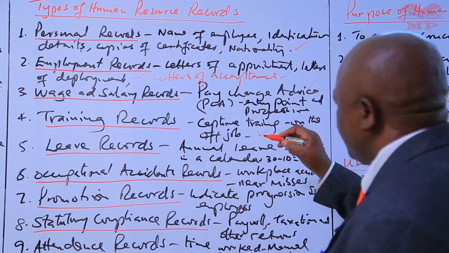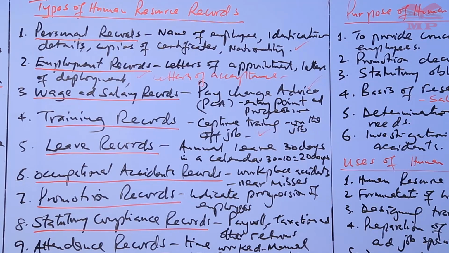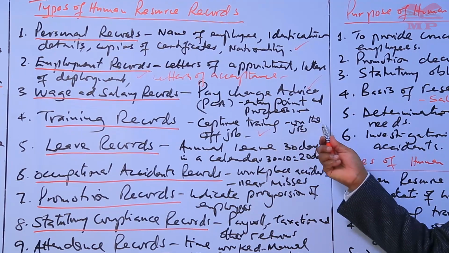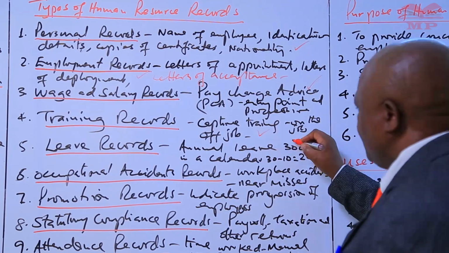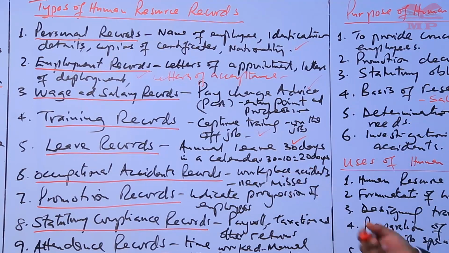Then you also have what you call the training records. And these training records may capture the kind of training that employee has gone through, either on the job or off the job. Then number 5, we have talked about leave records, and these leave records may capture the annual leave an employee is entitled to, maybe 30 days.